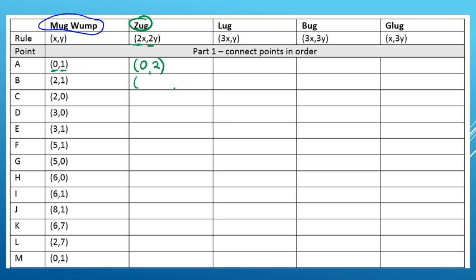Next point, 2 times 2 makes 4, 2 times 1 makes 2. Next point, 2 times 2 makes 4, 2 times 0 makes 0. Next point, 3 times 2 makes 6, 0 times 2 makes 0. I'm going to keep filling all these in, so take a moment and fill those in.